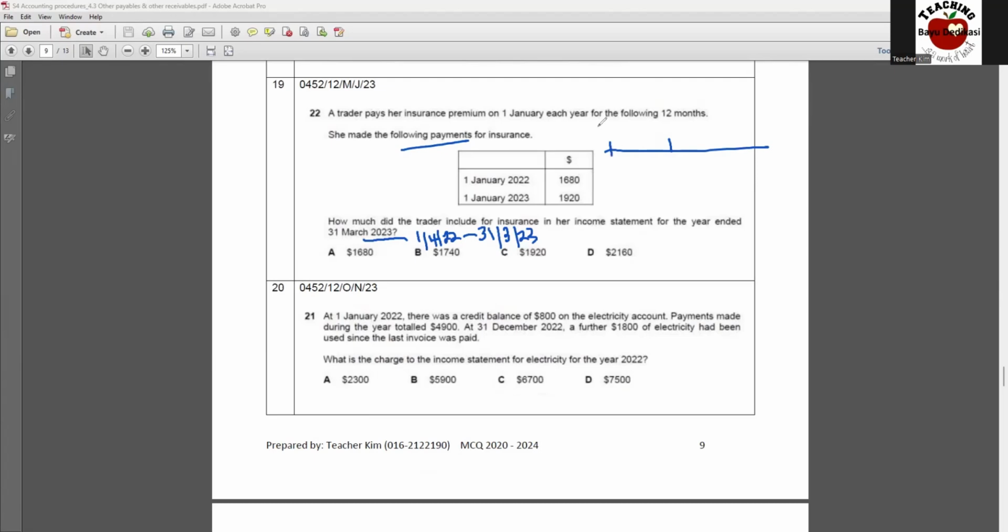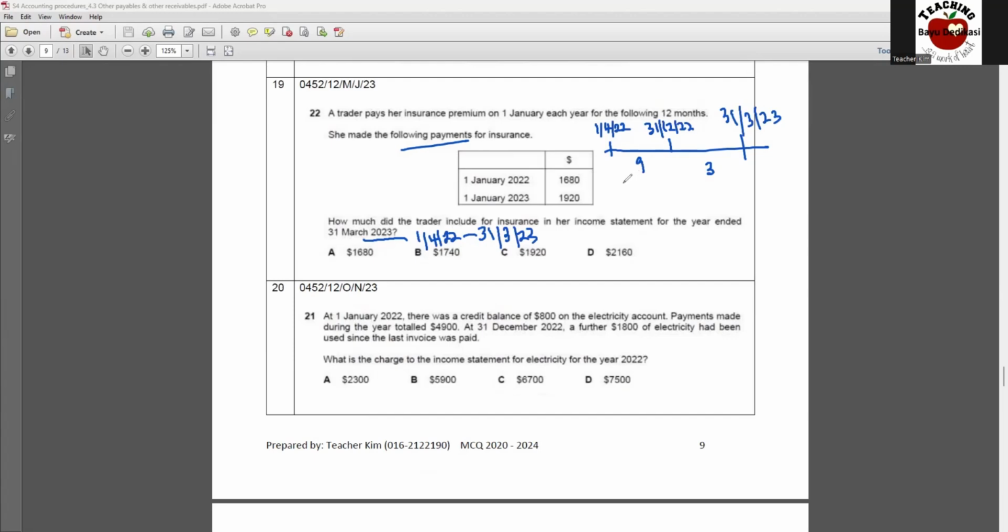So your financial year is the 1st February 2022. After that, this one for the end of the year, 31st December 2022. Then after that, continue to 31st March 2023. So in here, this one is a 9 month. This is a 3 month.